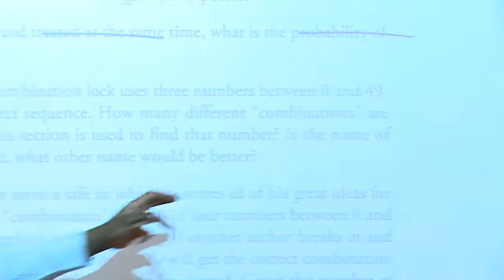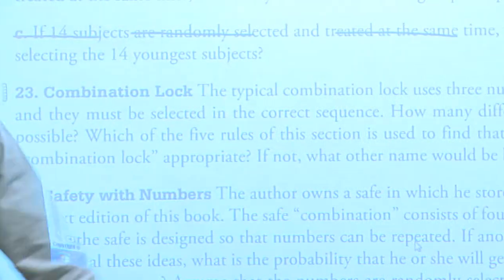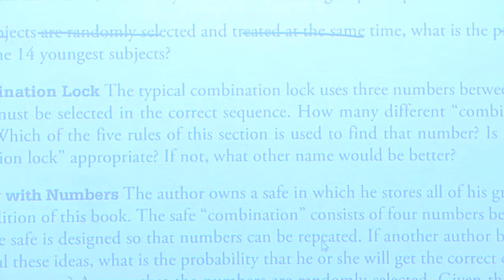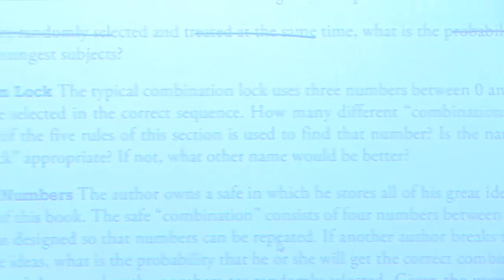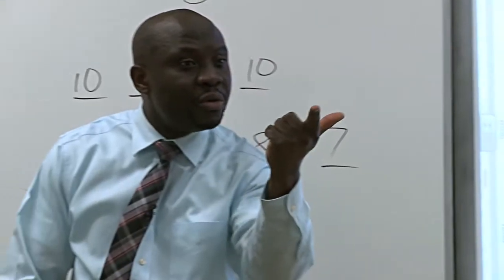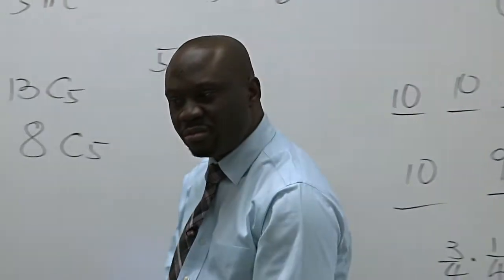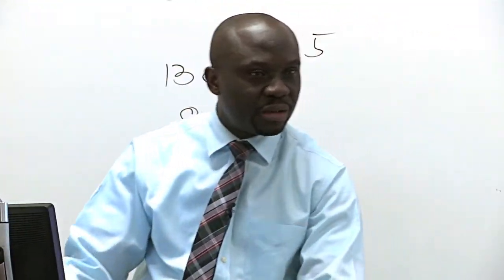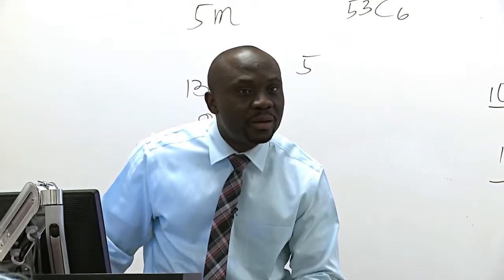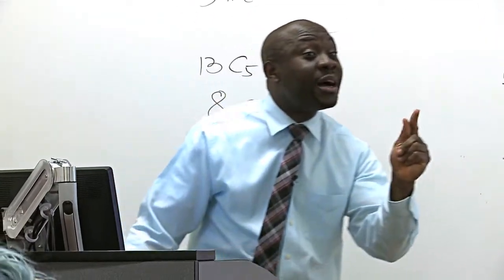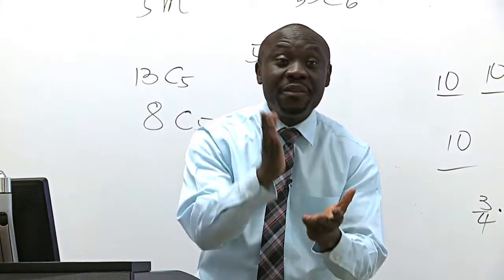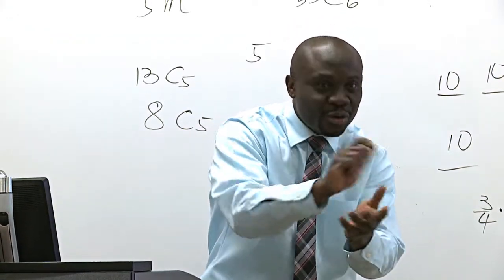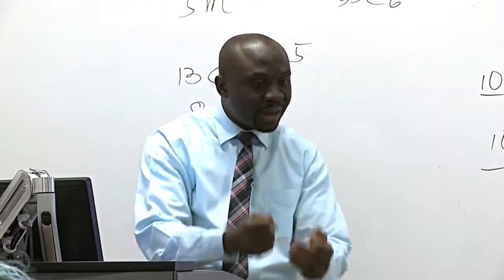Is the name combination lock appropriate? Why? If it's order, what name should we give it? Permutation. Stop calling it combination. When you hear somebody say it, tell him it's not combination. It's permutation lock, because the order matters. Some of you can even spend forever in front of your lockers trying to get the numbers right.